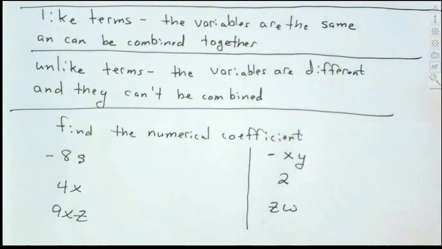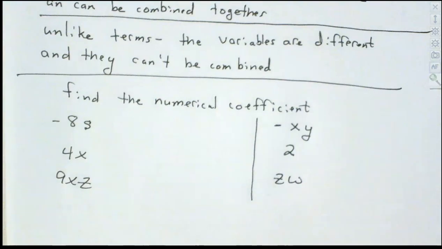So let's look at each one of these. We're looking for the number that's in front of each one. If there's no number, it's a 1. And if it's a negative, it's going to be a minus 1. Let's figure out what the numerical coefficient will be.